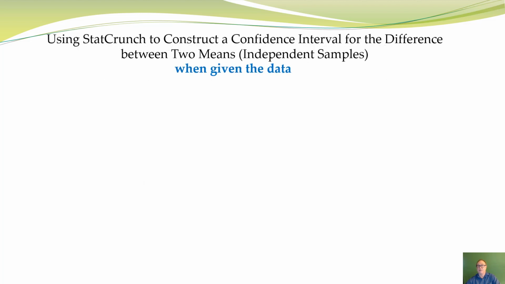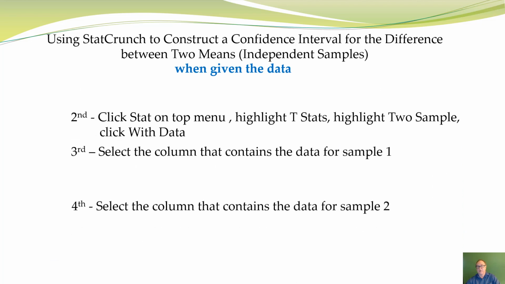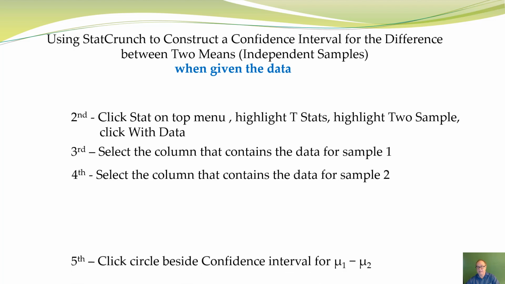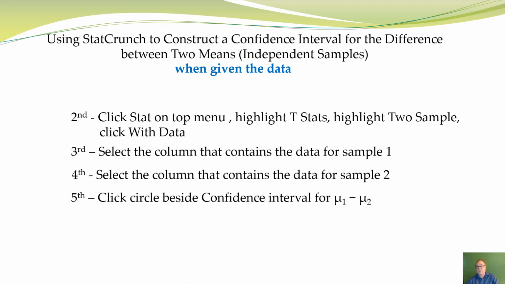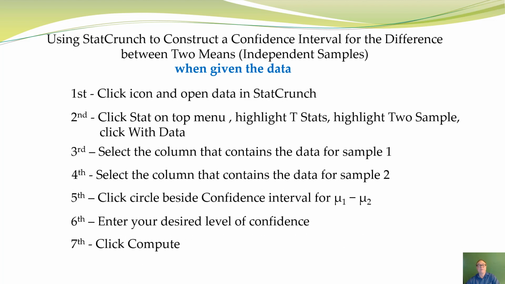Now, using StatCrunch to find it. When given data, you're going to open the data in StatCrunch. You're going to highlight two sample, click data, select the columns containing sample 1 and sample 2. Click the circle beside confidence interval, enter your desired level of confidence. And see, now step 1 comes in.